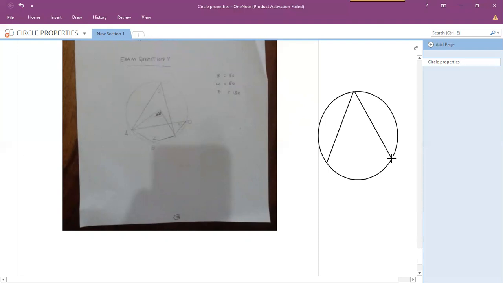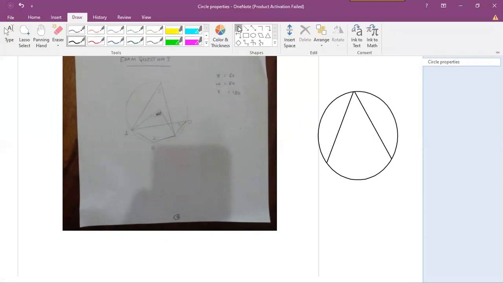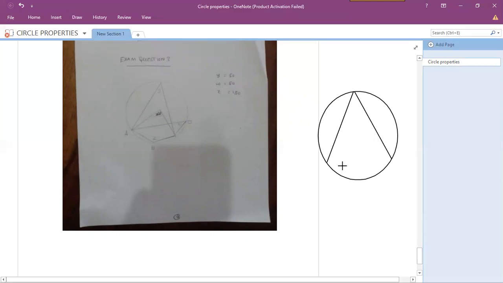So that's another vertex there. Then let's draw the final two, the other one there, and something like that. So all these vertices, vertex 1, vertex 2, vertex 3, vertex 4, are all on the circumference.